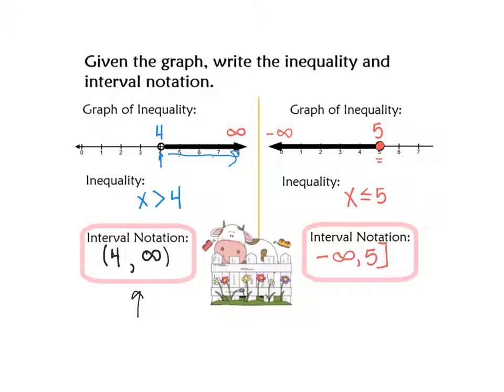On the left side, I have infinity, and I can't ever include infinity because it keeps going forever and ever, so that's going to have a parenthesis. So this is our interval notation: a parenthesis, negative infinity, comma, 5, and then a bracket because it includes 5.